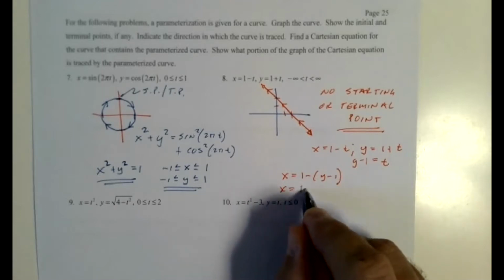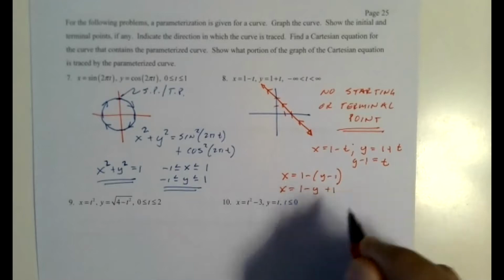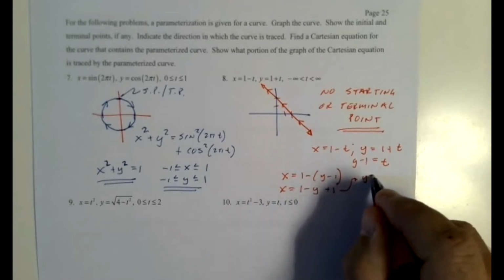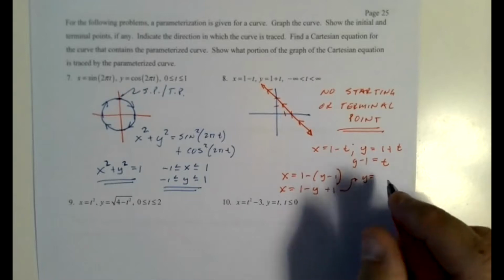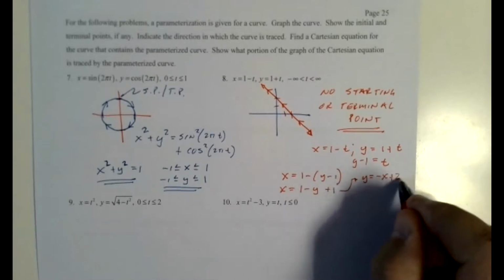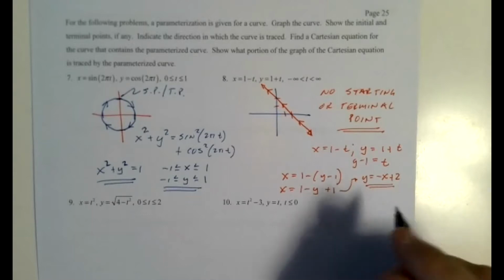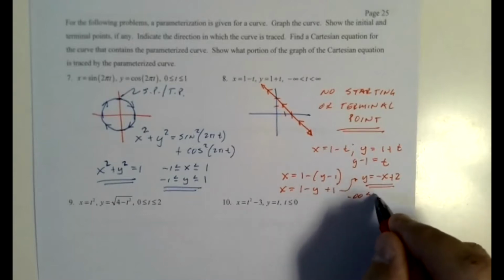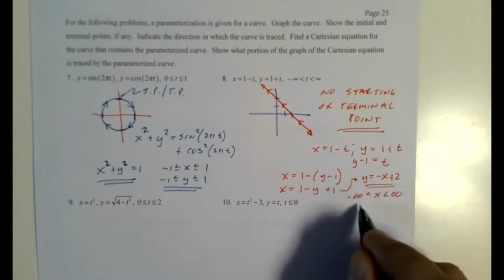X equals 1 minus y plus 1. Move y over, move x over. Y equals negative x plus 2. And negative infinity less than x less than infinity.